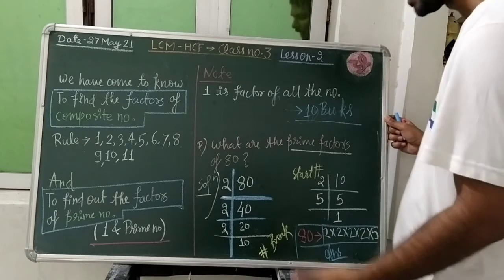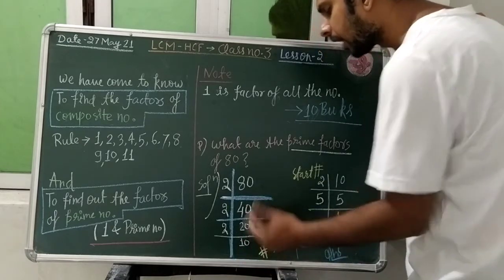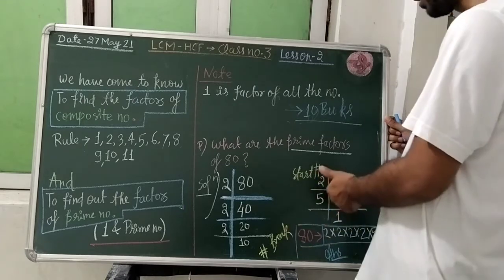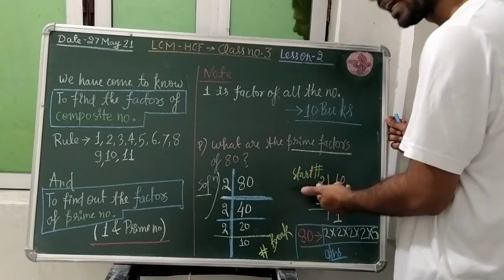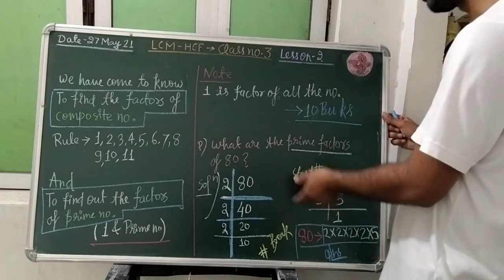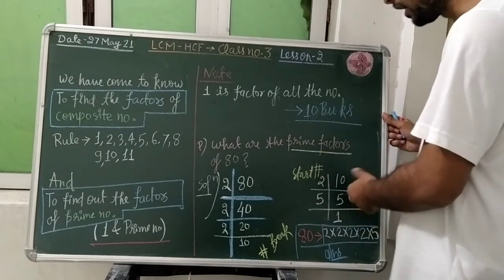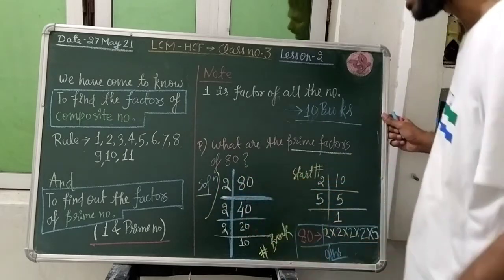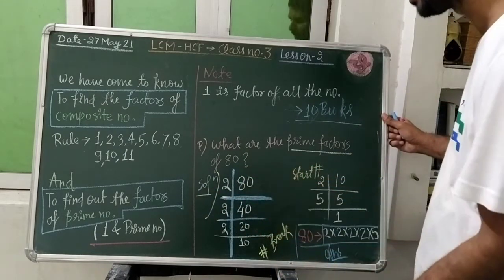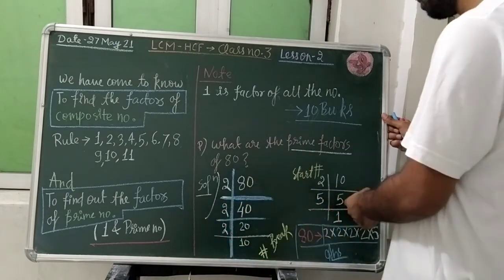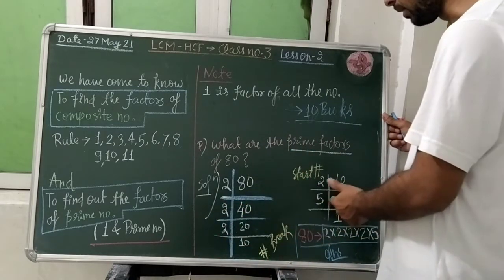Again we will look whether 2 is going to divide this 10. Yes, 2 will divide this 10, so we shall again select 2 here. How many times will it go to divide this 10? 2 fives are 10. And here we are getting the prime number. A prime number will have only 2 factors, 1 and the number itself. So 1 we shall not select, and of course 5 will be divisible only by 5.